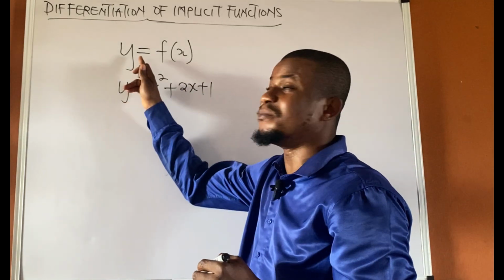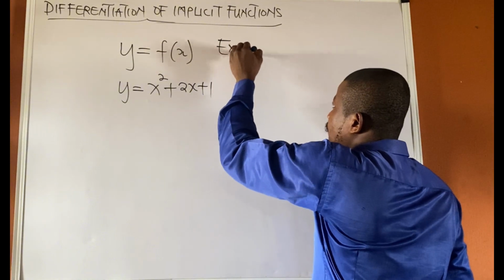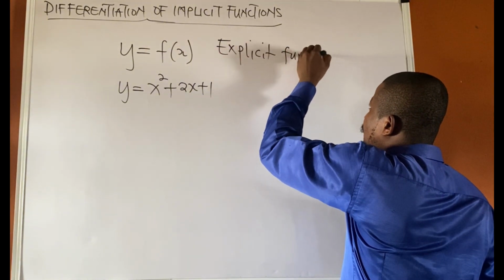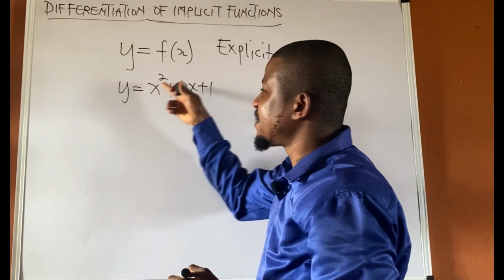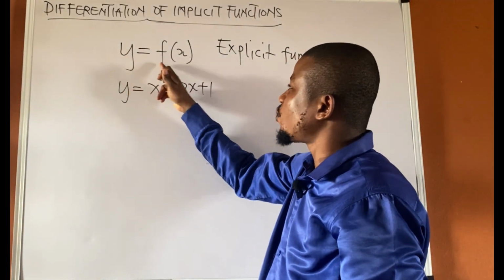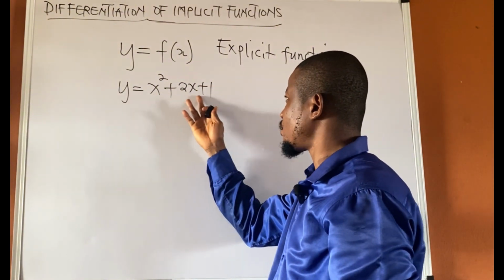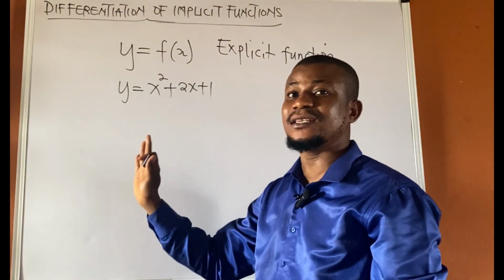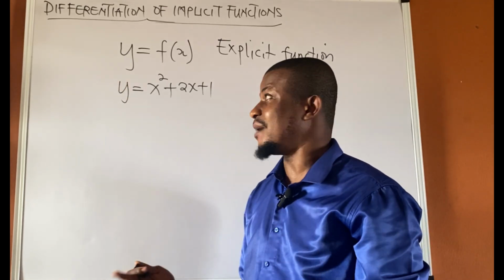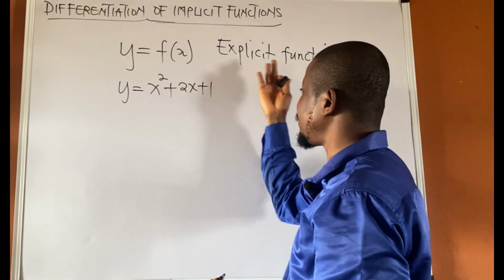This function is said to be an explicit function because it is expressed as y equal to a function of x directly. This is x squared plus 2x plus 1. Y is directly equal to a function of x. And this y is in its linear form. That means the highest power of y here is 1. So it is expressed explicitly.